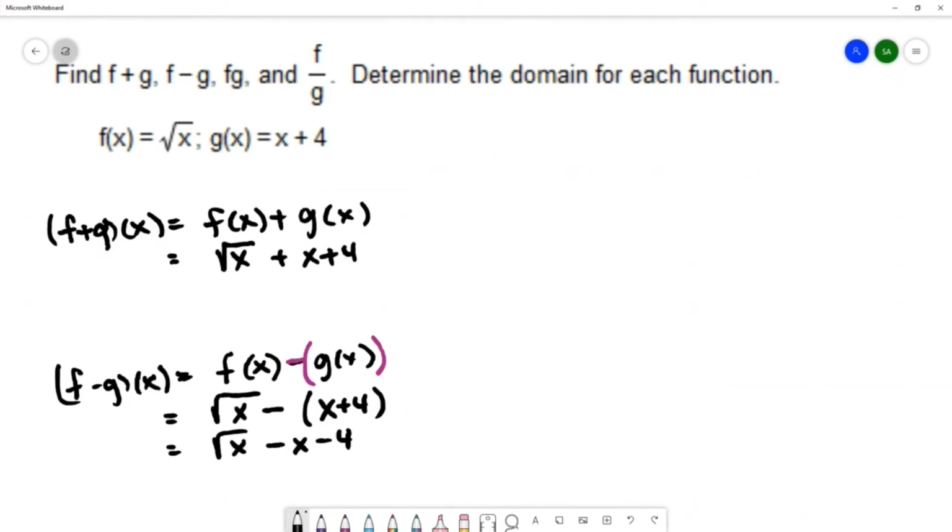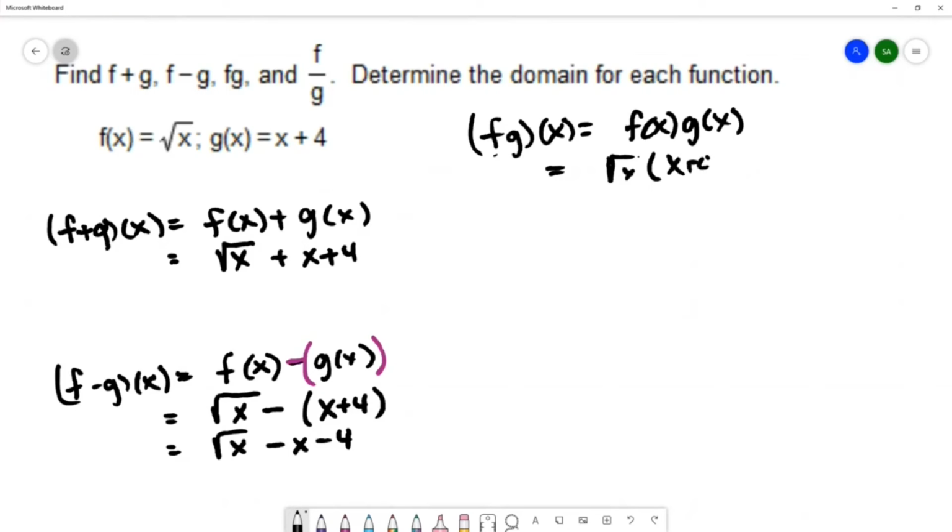So then we're going to do multiplication, f times g of x. That's f of x times g of x, square root x times x plus 4. You'll notice I put parentheses here as well, and that's because we want to make sure that we're multiplying by all of g of x.